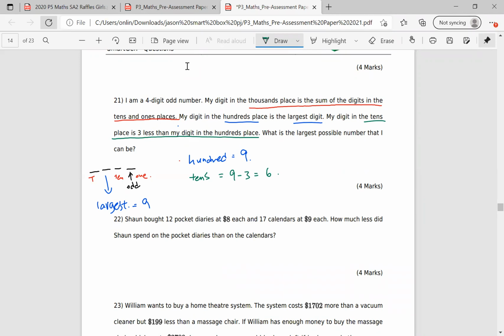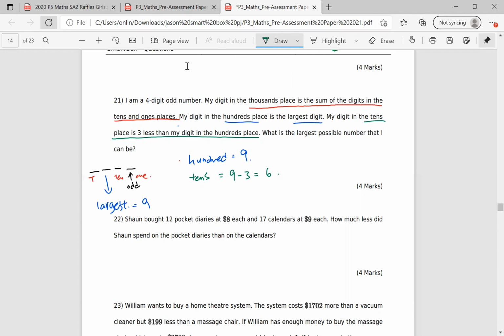So I should be able to find my 1 place and my 1,000 place. We are doing a bit of trial and error.